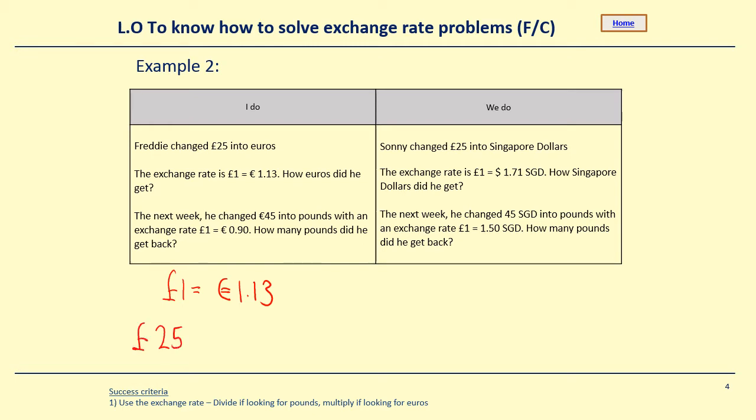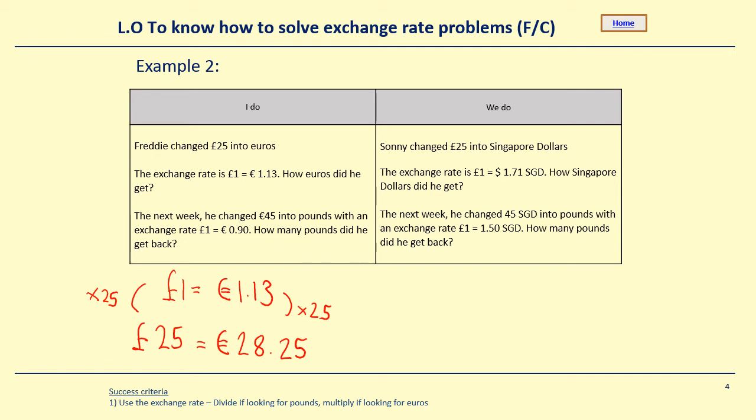So I'm going to times the pounds by 25, so I'm going to times €1.13 by 25 as well. So 25 times as many pounds is going to be 25 times as many euros. So 1.13 times 25, and I'm just going to type that in my calculator. And that gives me 28.25. Okay, so £25 is €28.25.